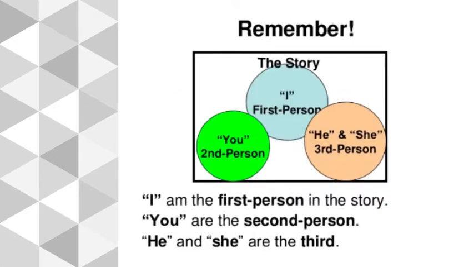And there's 3 different points of view typically, main ones. And they can be separated out a little bit. But for our purposes, we're going to just talk about 3. So I is usually showing first person in the story. You is second person. And then if you read he or she, that's usually a third person point of view that the author is using.